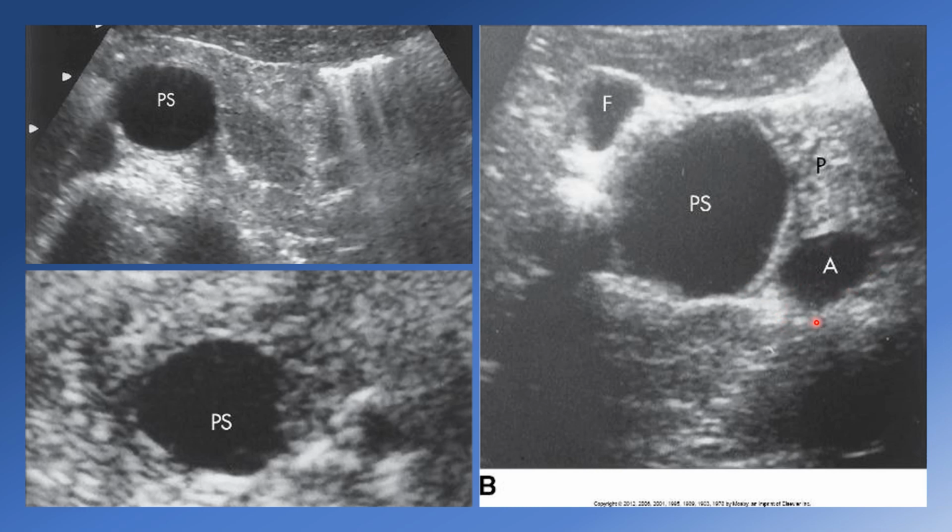Aorta is here. Pancreas is here. And then on this one, same thing. Pancreas here. We've got the pseudocyst. And here we've got liver at the superior portion of our image, pancreas again, and that pseudocyst sitting posterior to the pancreas in this case.